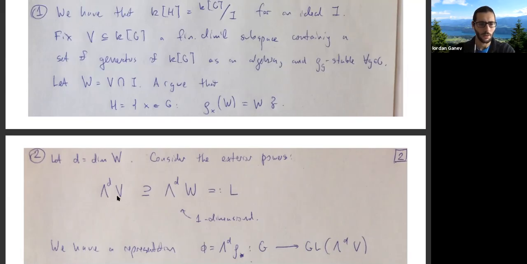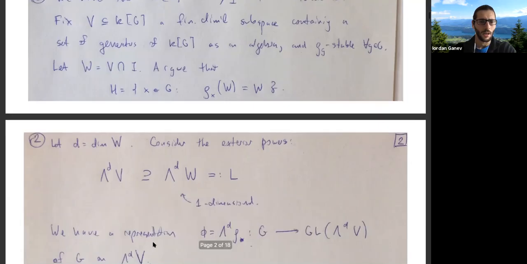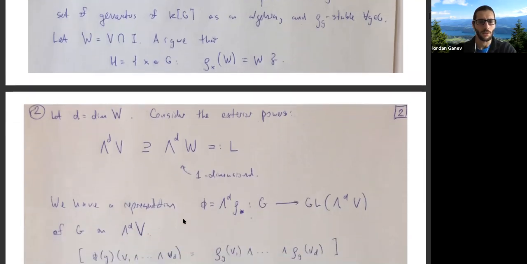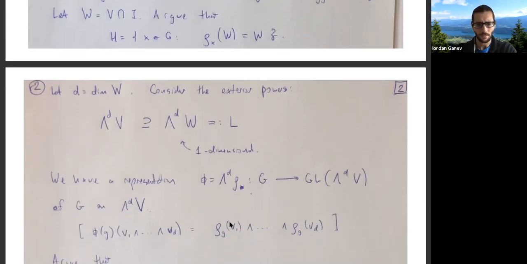We take the dth exterior power of V, which is in general more than one-dimensional, but since D is less than the dimension of V, it'll be a non-zero vector space. Now, we chose V to be invariant under all of these row G operations, and so V itself is a representation of G via the rows.